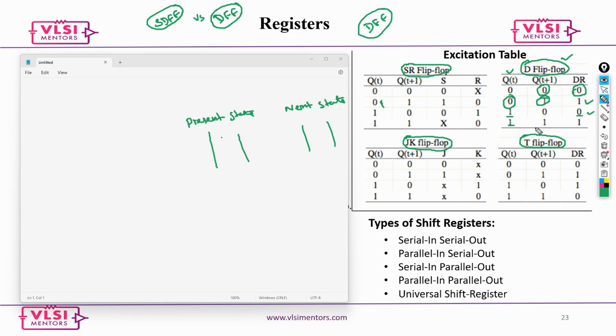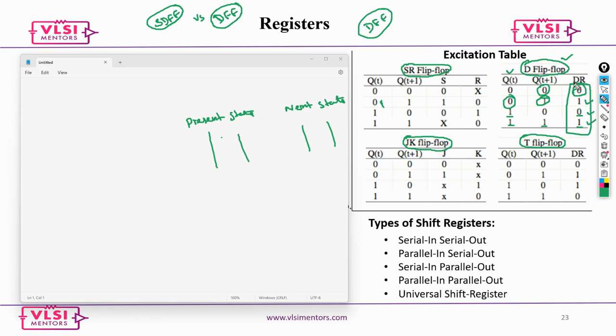Now let's say your current state is 1 and you want to keep the next state as 1. Then the input should be 1.